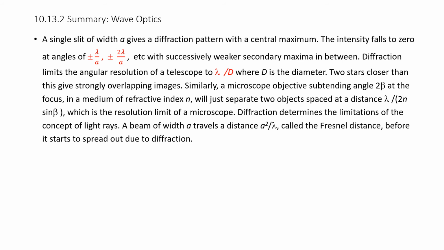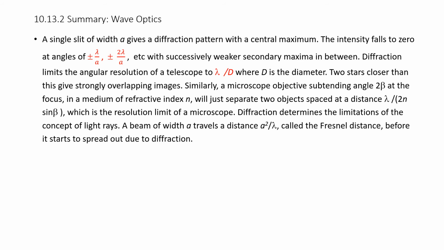That is, at these angles there are dark spots with successively weaker secondary maxima in between. That is, in between the central maximum and the dark rings, the secondary maxima occur.